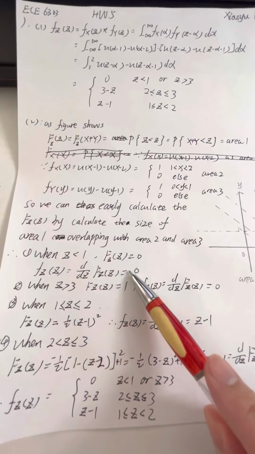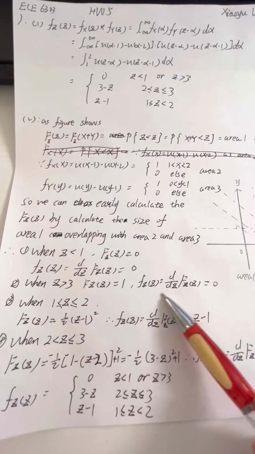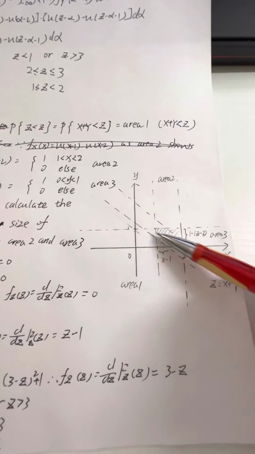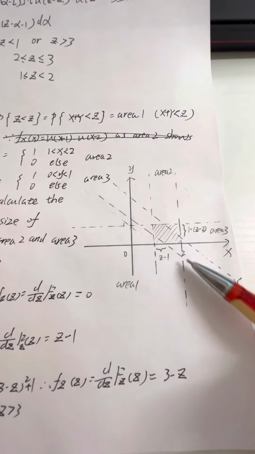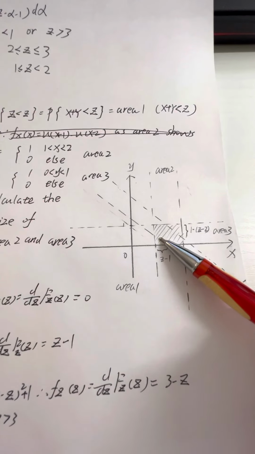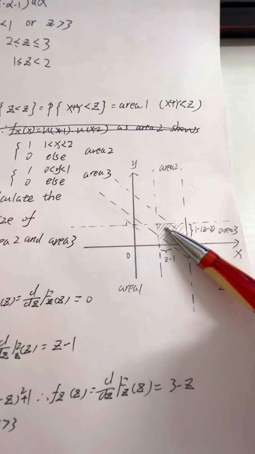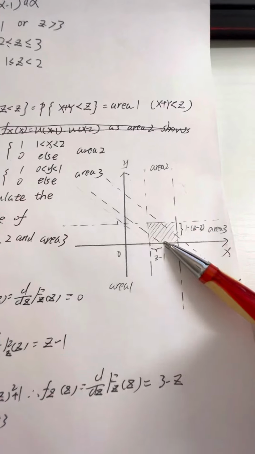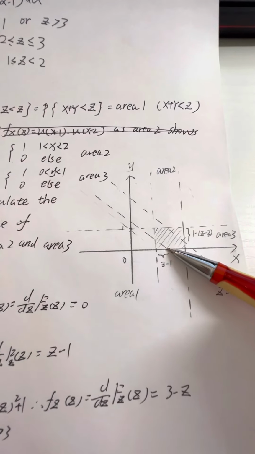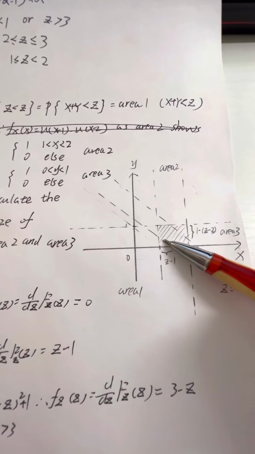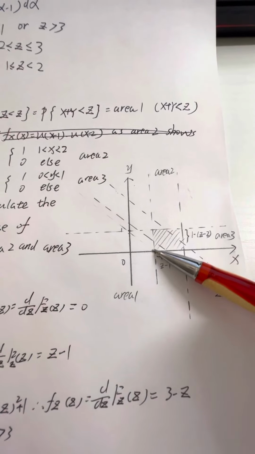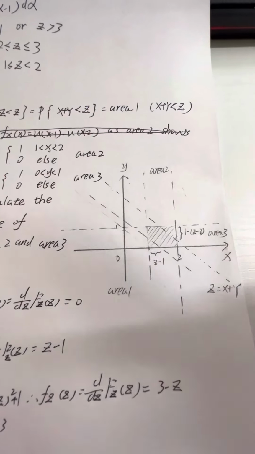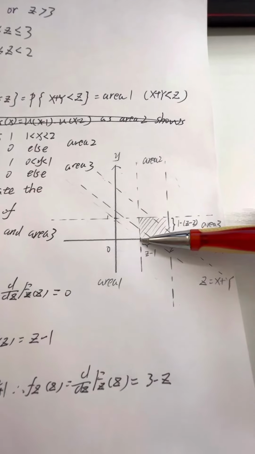So the PDF function is also obtained by differentiating. Here is another special situation: when this z line is moving between here and here, when z is greater than 1 but smaller than 2, the overlapping area is represented by this small triangle, so we just calculate this small triangle's area.